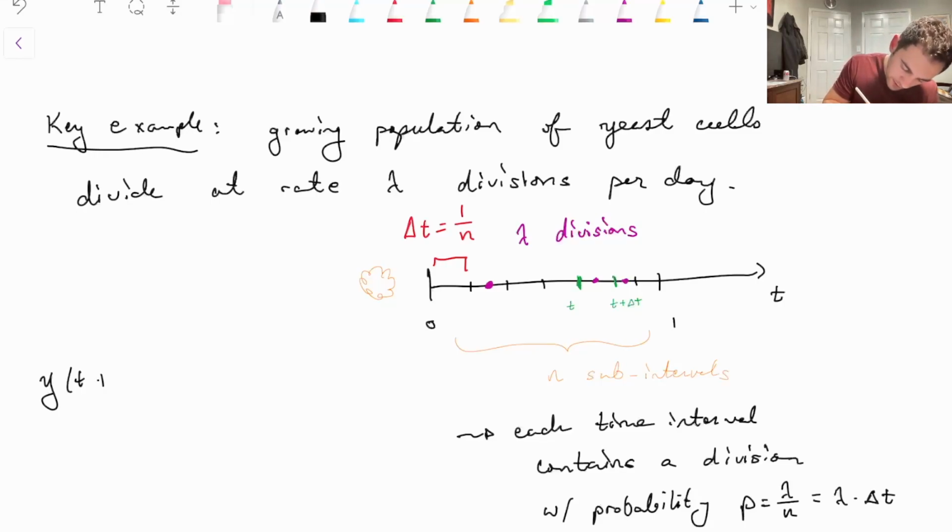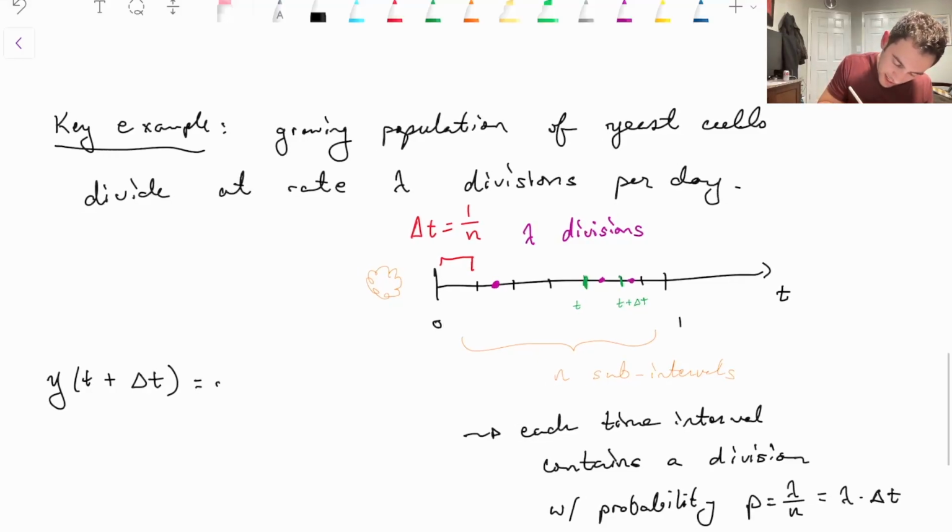I can think of my population at time t plus delta t as the population at time t plus the number of divisions that occurred. The number of divisions that occur will be the probability of any individual cell dividing times the total population. So this is p times y of t.